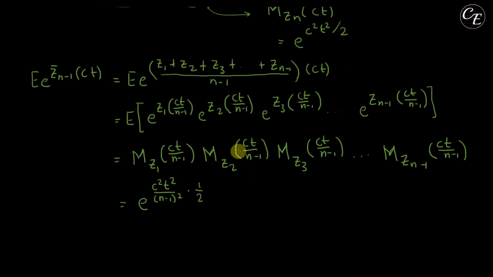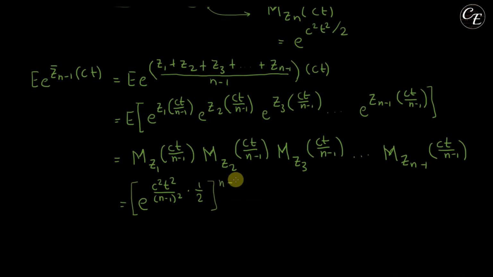Now doing that in here will result in the same in here, because z sub 2 and z sub 1 have the same distribution, which is a standard normal distribution. So this is the same as this one until z sub n minus 1. So we are multiplying this one n minus 1 times, so we can put it as n minus 1.